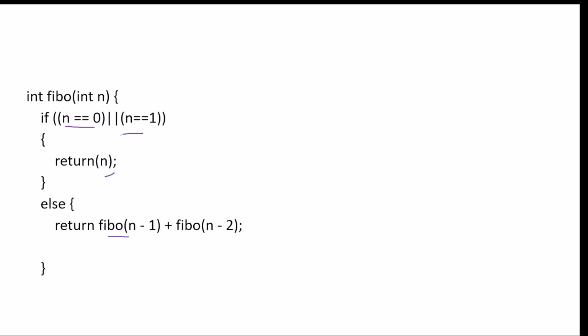Consider an example. I am giving the value n equal to 3. What happens here is it checks the if condition: n is not equal to 0 and it is not equal to 1. So it executes the else part.